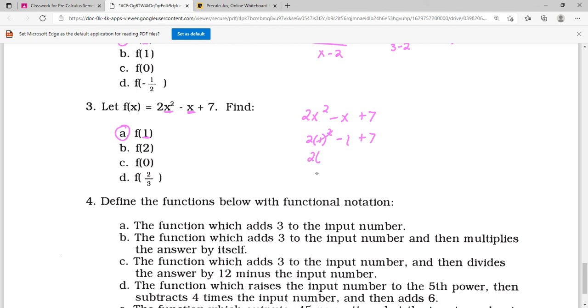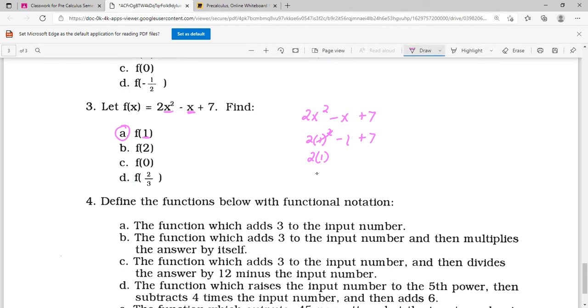So we're going to have 2 times 1, which would just be 2. All right, minus 1 plus 7. 2 minus 1 would be 1, plus 7 equals 8. So f of 1 is going to be equal to 8.